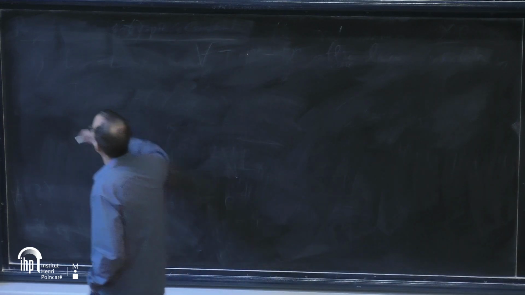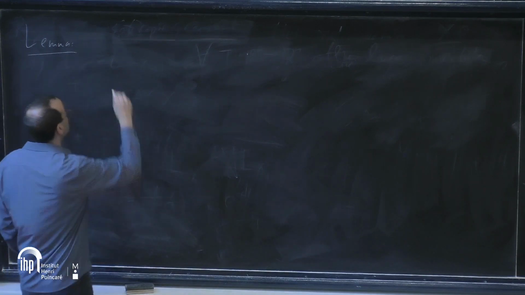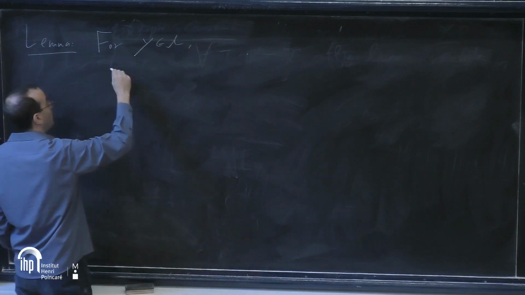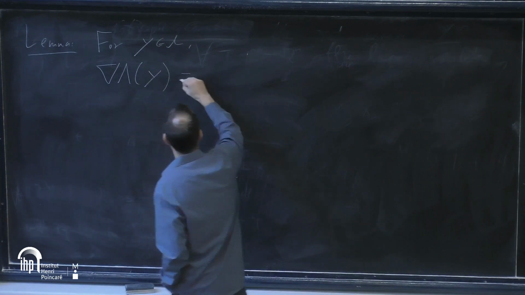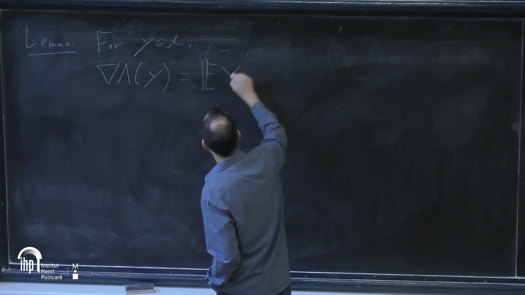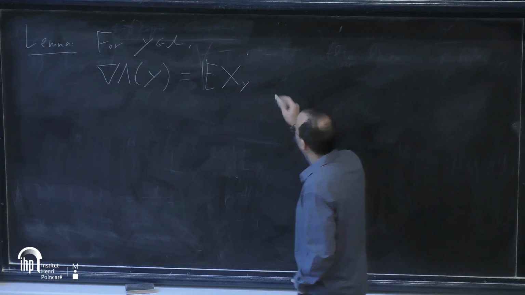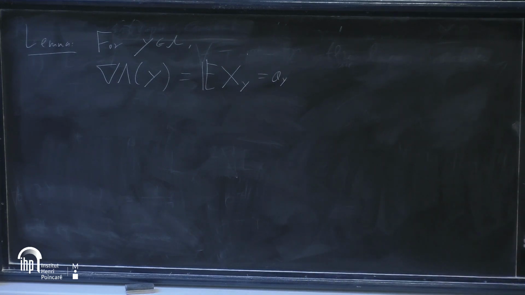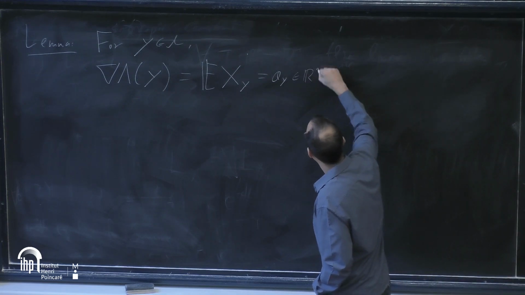We have the following lemma, with formulas for the derivatives. I need the first three derivatives. Okay, so the gradient of lambda is the barycenter of X_y. Let me call it a_y. This was a tradition in both my and Joseph's lectures, one of the rare examples where we agreed on the notation. Okay, so that's the barycenter.